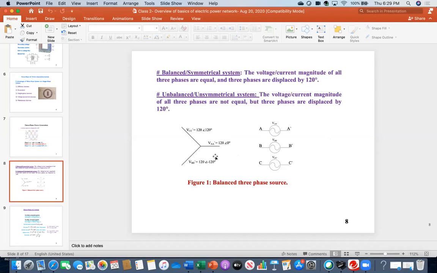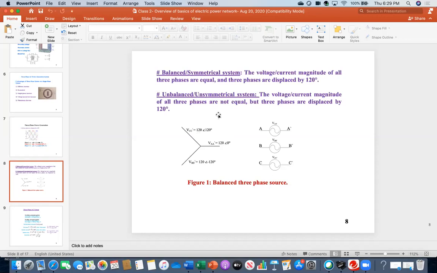Magnitude is 120, and here the angle is 0, here the angle is minus 120, here the angle is plus 120. Those angles are called the phase angle, and the magnitudes are the voltage magnitude. The same thing goes for the current. So in this example, you see clearly all three phases have the same magnitude, 120, 120, 120.